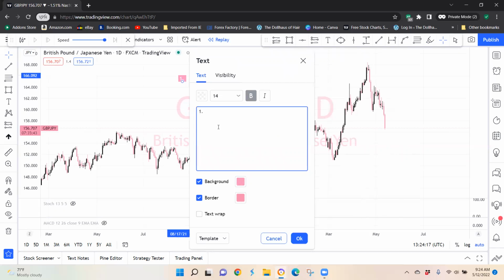First thing that we did was reading trends, uptrend and downtrend. Second thing, supply and demand.